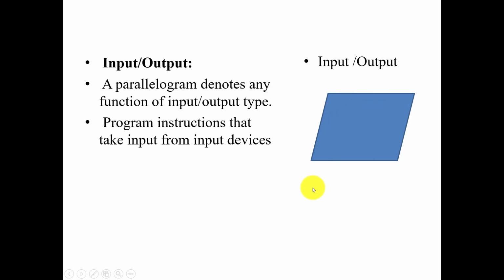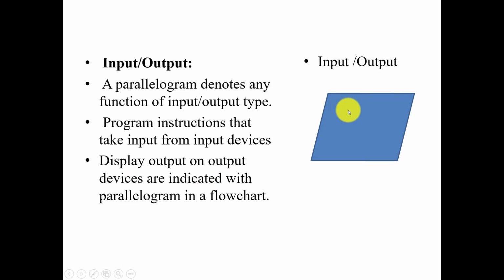You are going to use the symbol called a parallelogram, where the two lines are parallel to each other. It also displays output, which is indicated by the parallelogram in the flowchart, that is, to display or print the output. So it reads and also prints the data or output.